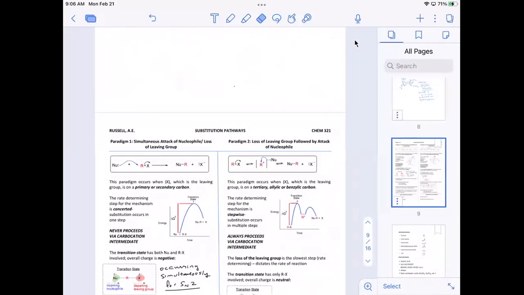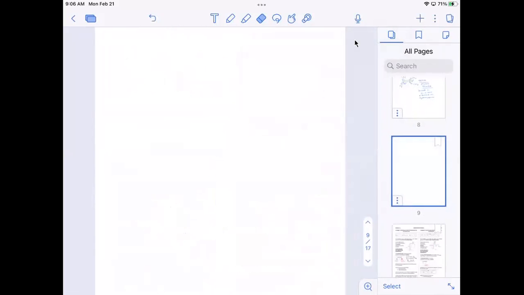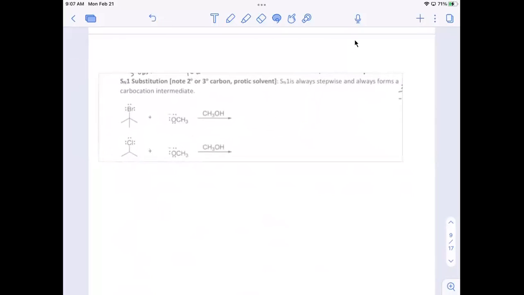What do you think that means when we say it's unimolecular? When we talked about the SN2 and E2 and said they were bimolecular, what do you think unimolecular means for SN1? Does it mean it has one substituent? No, it doesn't have anything to do with the substituent per se.